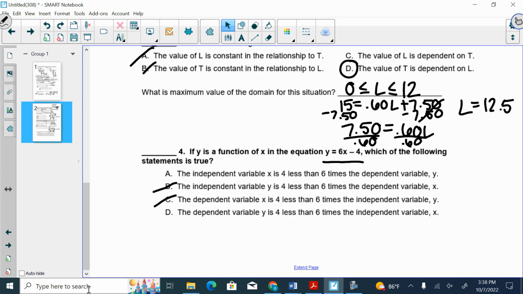Y equals 6x minus 4. When we practiced writing our equations earlier in the year, what word did we see in the problem to let us know we should put an equal sign? What word lets us know that it equals? Is, right. So I need something that says y is, right? So which one of these says that?